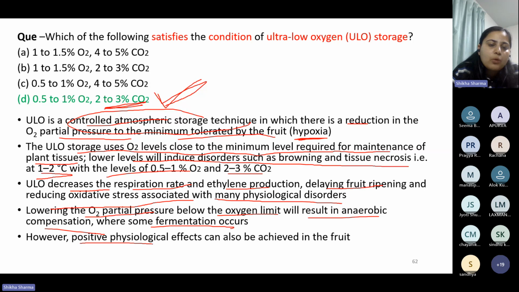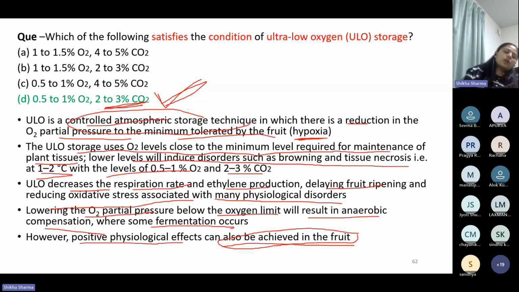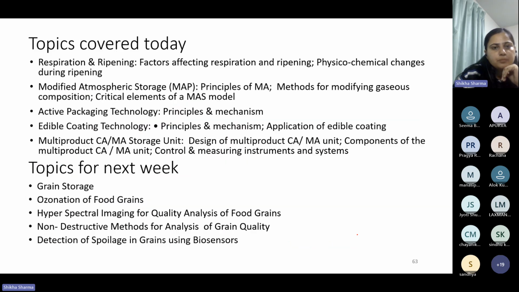So we have both positive and negative physiological effects during this time. We lower the oxygen until the positive physiological effects remain and very little anaerobic reaction takes place. So option D is correct.